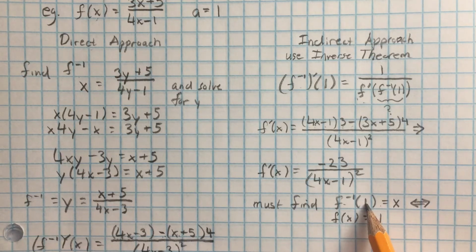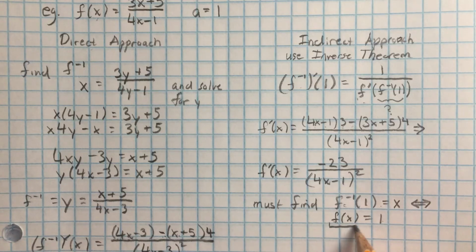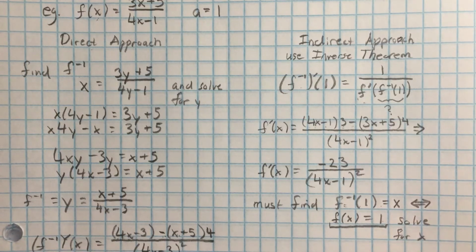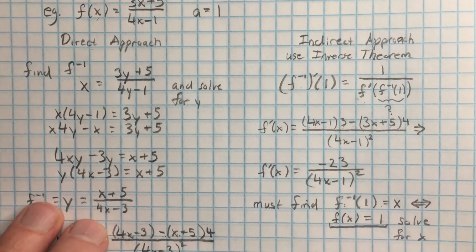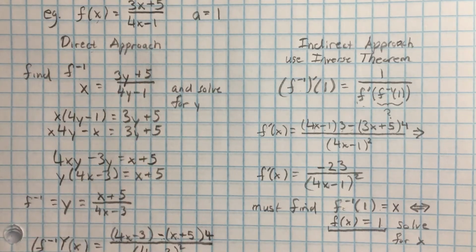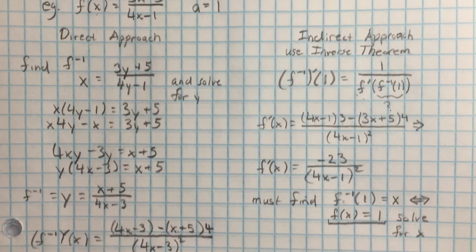If this is an input to the inverse function, and this is its output, that means this is an input to the original function, and 1 would be its output. Right? So we can solve this equation. So what is that equation? It's the original function here, right, equal to 1.